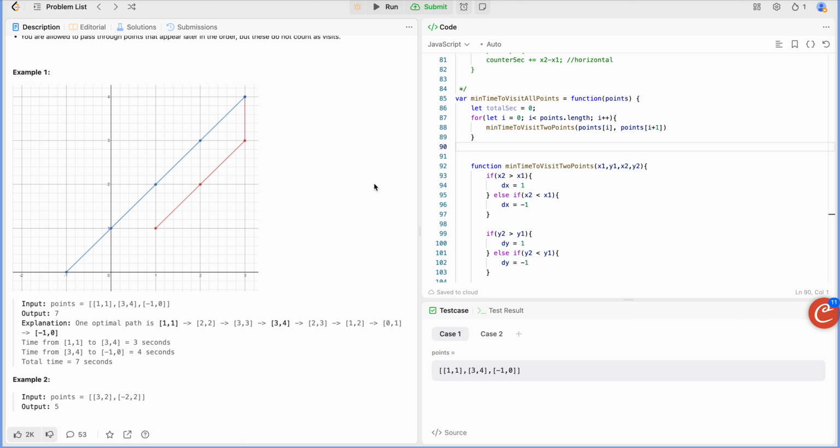I can only go until -1, so it will be 0, 1, 2. I will only go from 1 to 3, 3 4, and 3 4 to -1, 0. I don't have to go to the end.